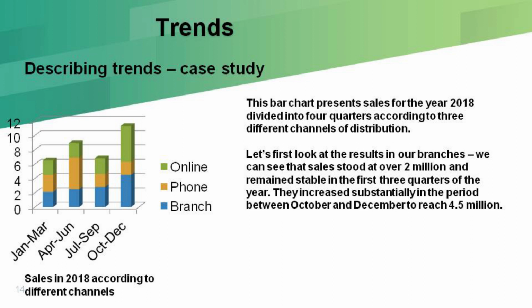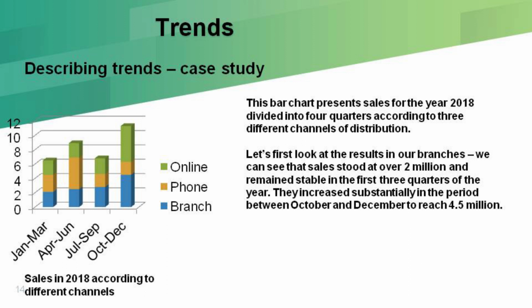Finally, it's time for our case study. Let's look at the bar chart on the left. This bar chart presents sales for the year 2018 divided into 4 quarters according to 3 different channels of distribution. Let's look at the results in our branches.